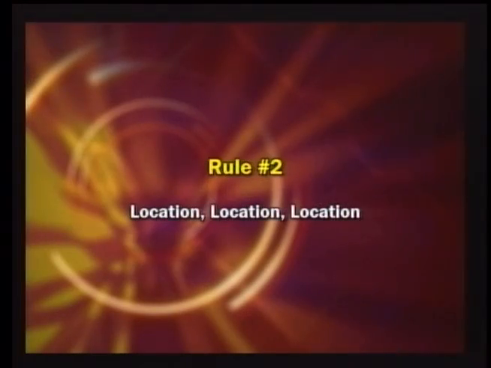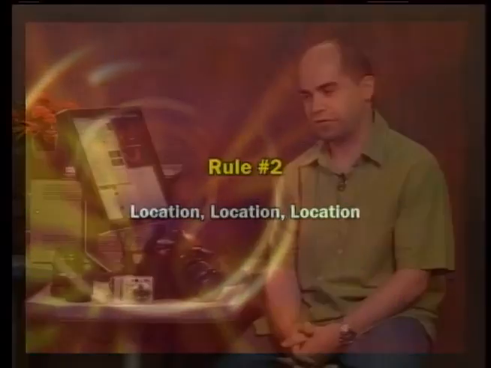This one is location, location, location. Okay? And what I mean by that is I'm referring to your location as a photographer. Moving around to get a better picture is always a good idea. You'll often see amateur photographers just taking the standard picture that everybody else does.